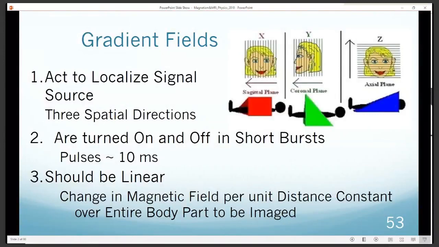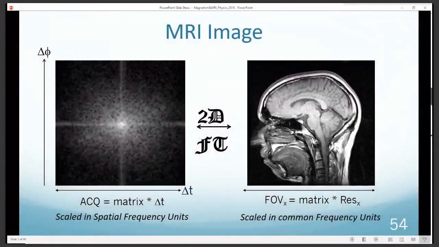So there are three gradient fields. There's X and Y and Z. We can think of the X as producing the sagittal plane, the Y the coronal, and the Z the axial plane. The important thing is that these gradient fields are linear, at least over the range of the body part we're trying to image. We want them to be very linear so that the magnetic field changes they produce are directly related to the spatial position within the magnet.